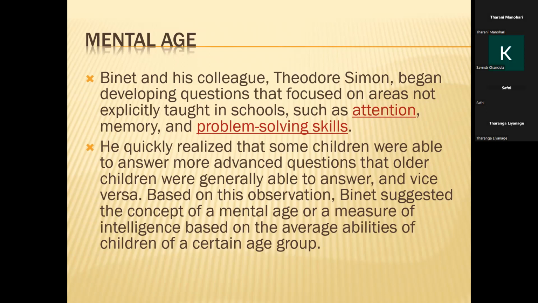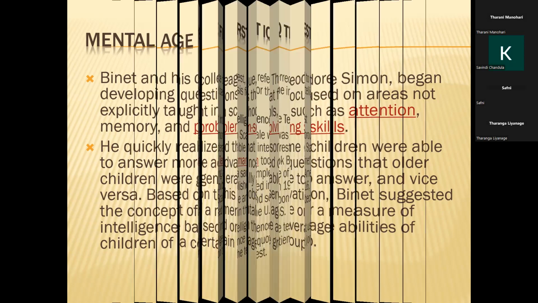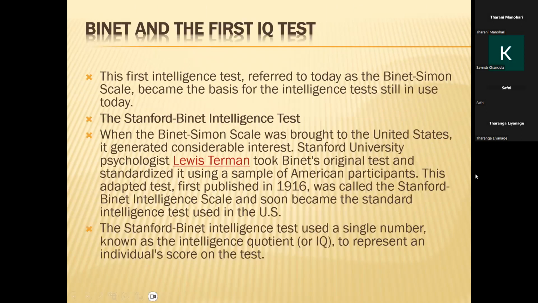Binet suggested the concept of a mental age, or a measure of intelligence based on the average abilities of children of a certain age group. So we have chronological age, which is the physical age, the number of years you have lived. At the same time, Binet suggested something called the mental age, right? Mental age means the mental ability of that particular age.